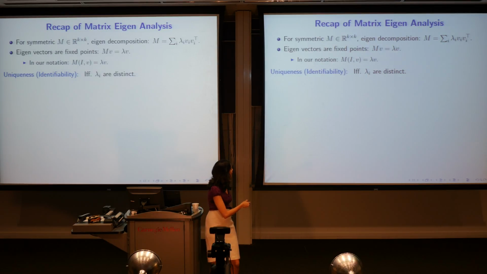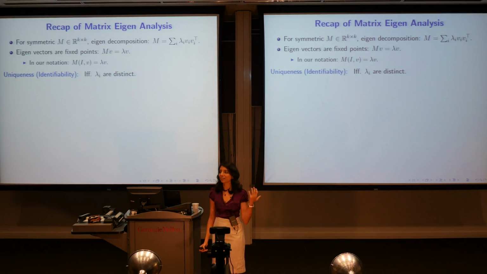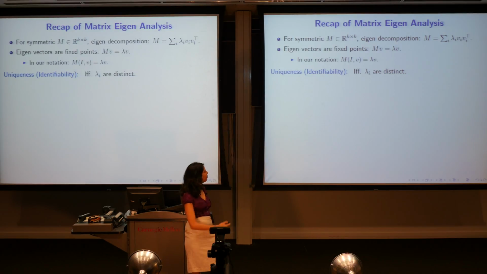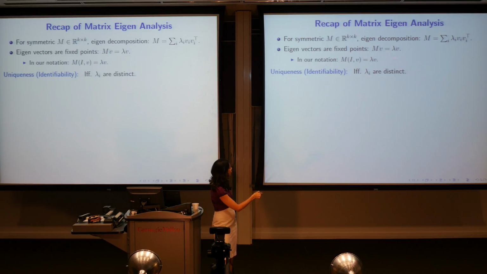Yeah, so just to recap here, right, first we'll just see for matrices, what do we have? And then we can go to tensors. So we know for symmetric matrices, we have the eigen decomposition. These eigenvectors are orthogonal to one another, right? And they are fixed points of this equation here, right? If I take M times v, it just stays at v.